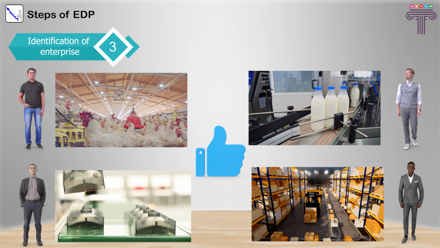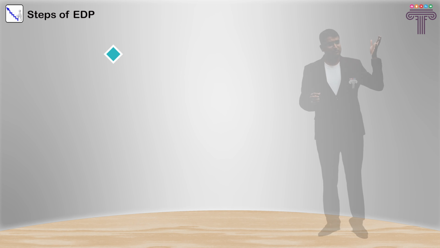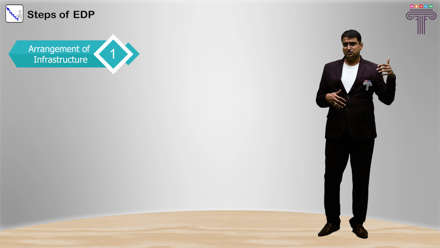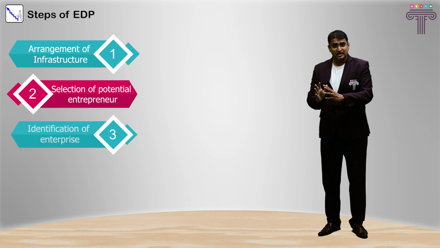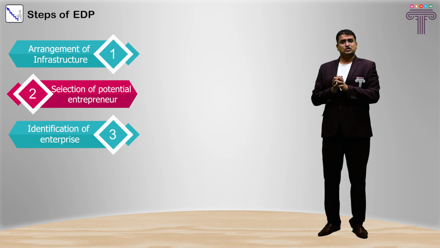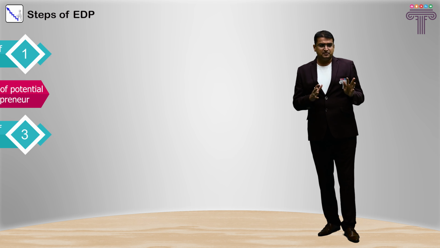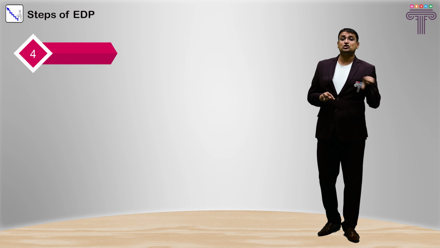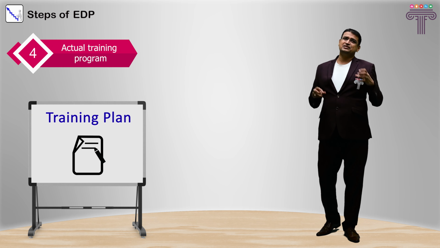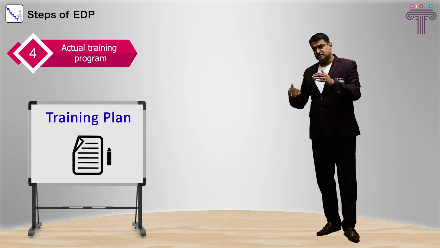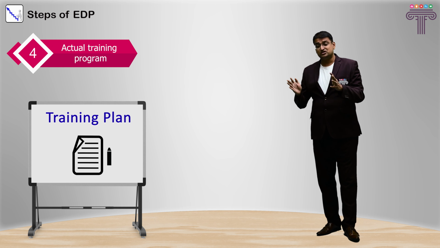See, what has happened till this time? You have arranged the infrastructure for the training, then you selected the people for the training, now you identify the area in which they're going to train. Once we have fixed the area, we decide on the actual training plan or program. So how exactly will the training happen? We'll fix that based on their choice of enterprise.